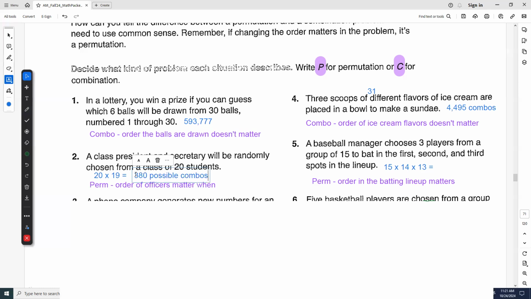That's okay. Good. So for number 2, right, we just have those 2 spots and we have 20 total students. So 20 times 19. And so, right, there's 380 possible combinations of the 2 offices.